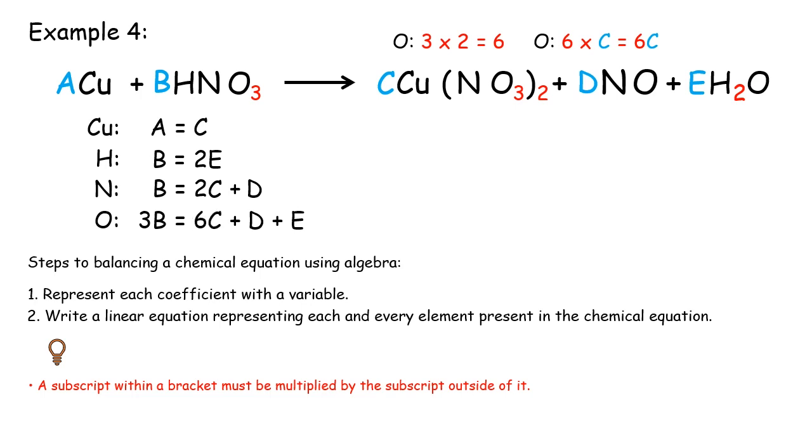In nitric oxide, oxygen has a subscript of 1, multiplied by its coefficient of D, gives us D. In water, oxygen has a subscript of 1, multiplied by E, gives us E. For easy reference, we are going to label these equations as 1, 2, 3, and 4.